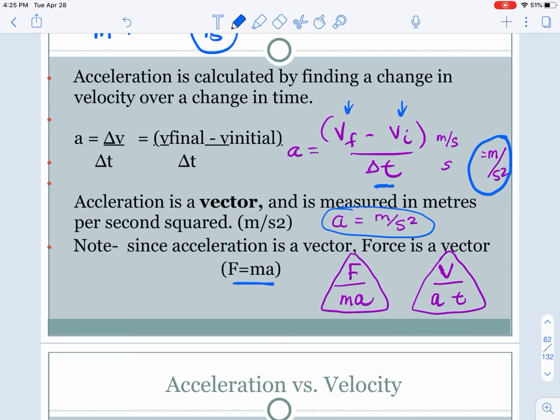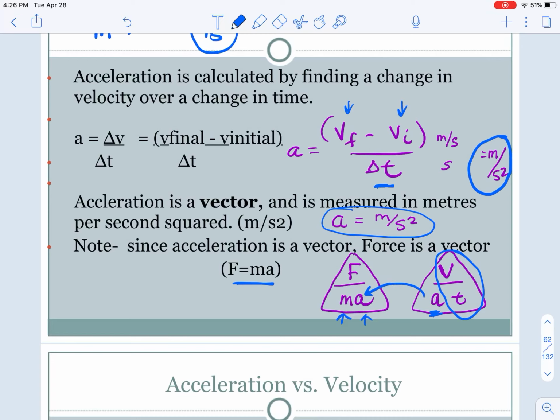They do mention here that there's a formula, force is equal to ma. This is on your data sheet, and you guys can try that out. Very simple. It just means that force in newtons is mass times acceleration, and sometimes they may ask you to find acceleration by doing velocity over time.